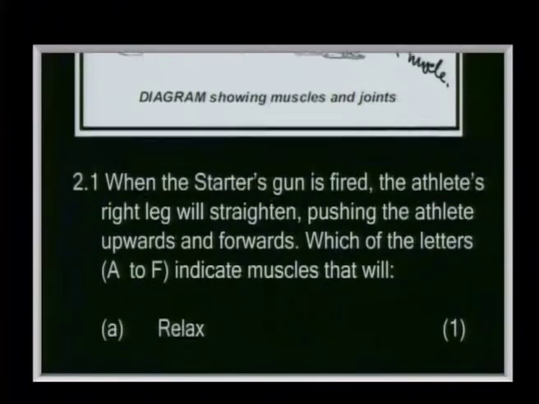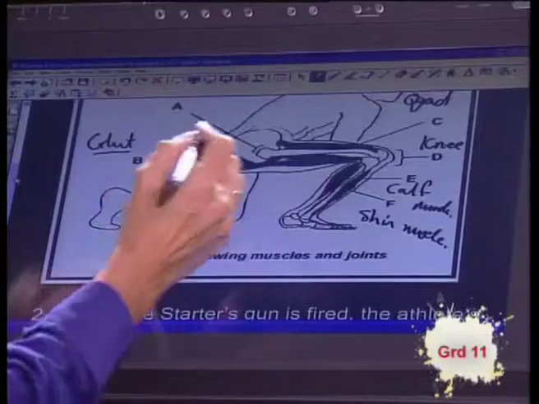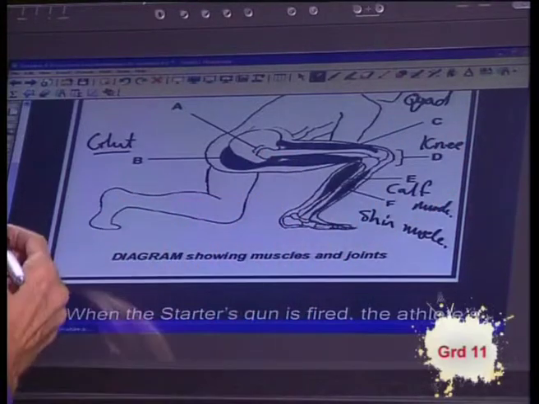It says, when the starter's gun is fired, the athlete's right leg will straighten. So have a look here. His right leg, this leg here, is going to propel him forward. Maybe what you could do is get yourself down on the ground and put one leg behind and the other leg in front.